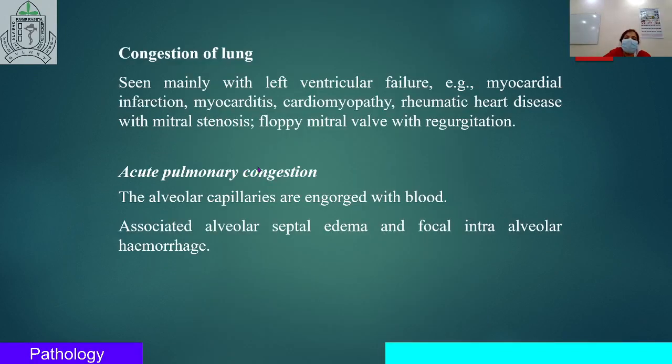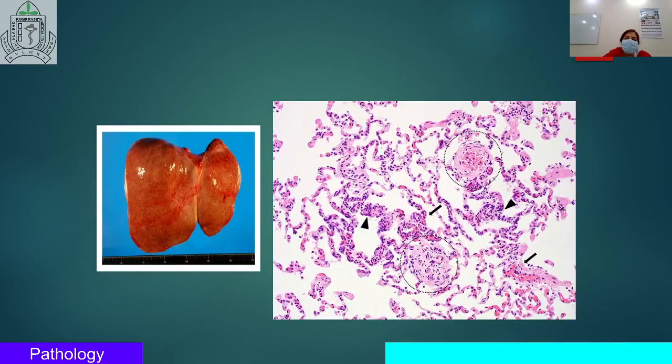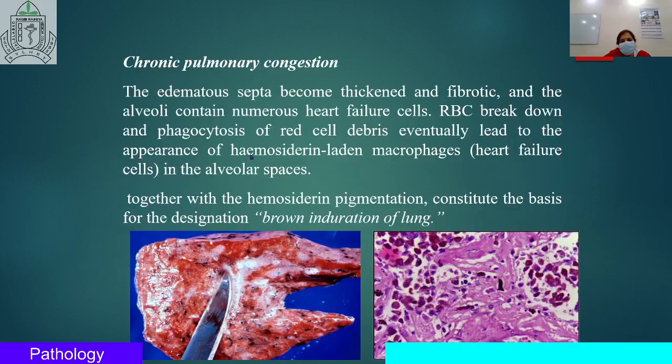In acute pulmonary congestion, there are two things. If we consider the figure, in short we say that there is alveolar septal edema and intraalveolar hemorrhage. In chronic pulmonary congestion, these edematous septa become fibrotic, and as a consequence the collection of intraalveolar hemorrhage turns into heart failure cells.